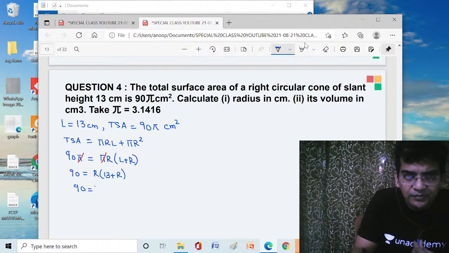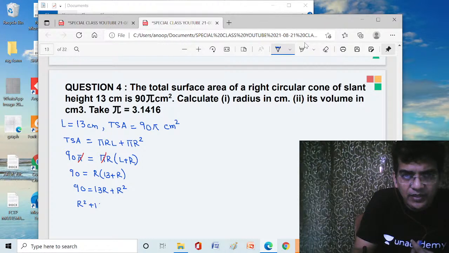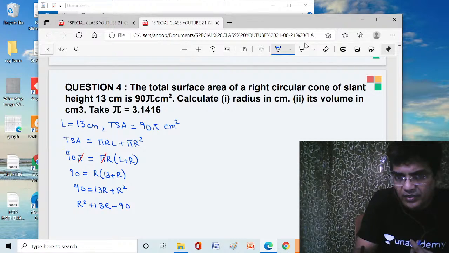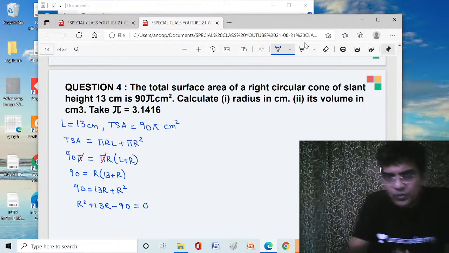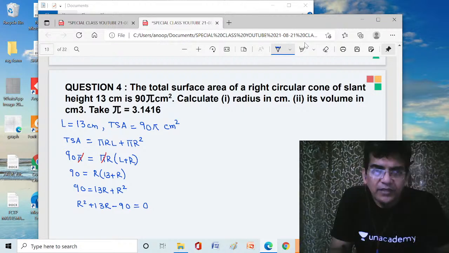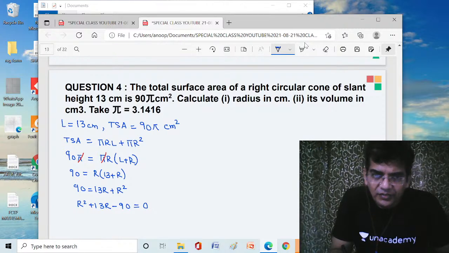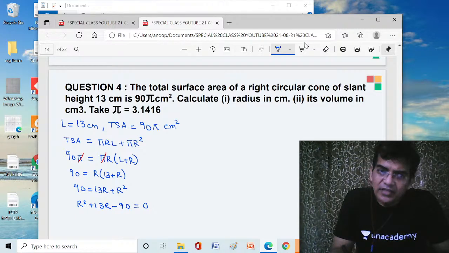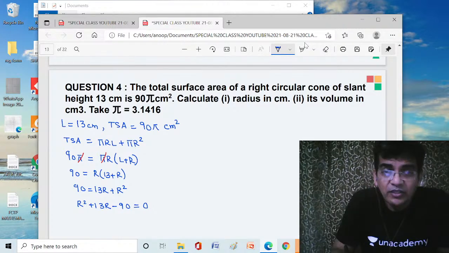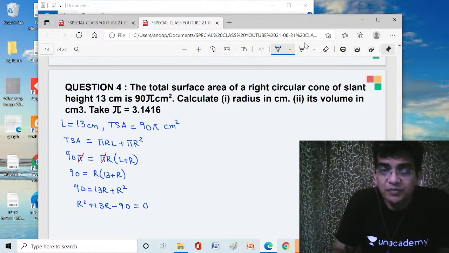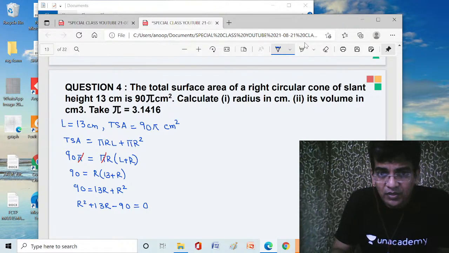So what we are going to do, we are going to solve this quadratic equation to get value for R. This is the quadratic equation. Now you must be knowing there are three ways of solving a quadratic equation. You can solve the quadratic equation by factorization method, by the square method, or even you can solve it by cross multiplication.